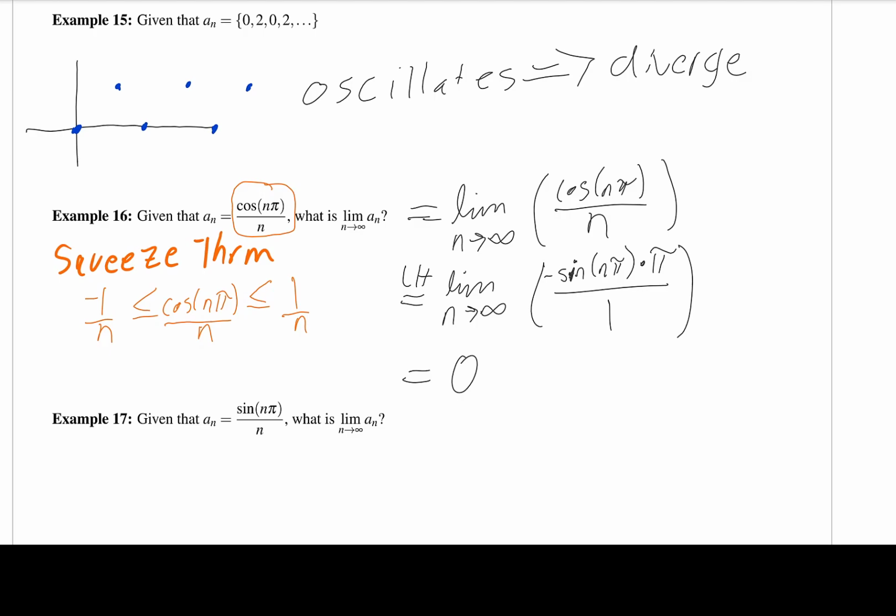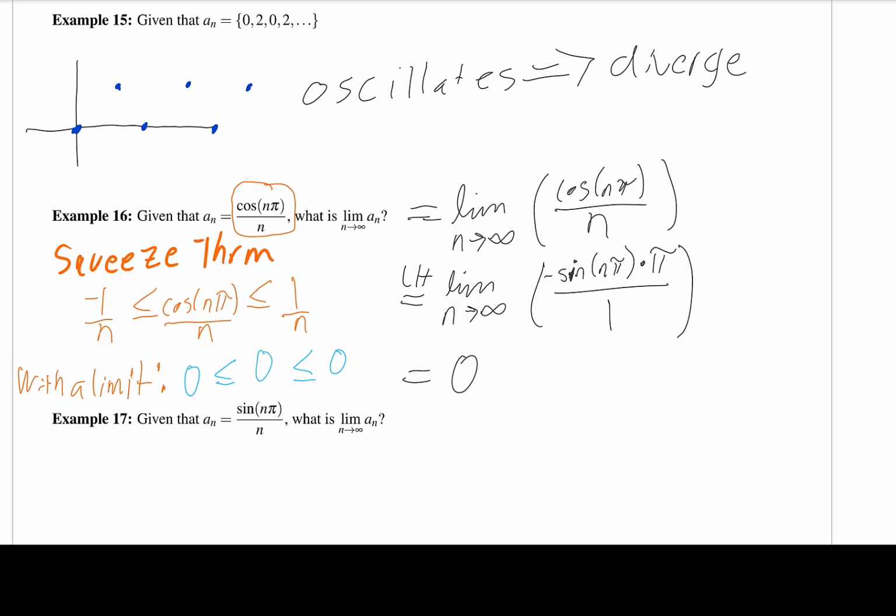Well, the limit as n goes to infinity of negative 1 over n would be 0. Then we'd get something in here, that's the thing we're trying to evaluate. And that has to be less than or equal to the limit as n goes to infinity of 1 over n, which is 0. And so since this has to be in between 0 and 0, we know that this is also going to be 0.